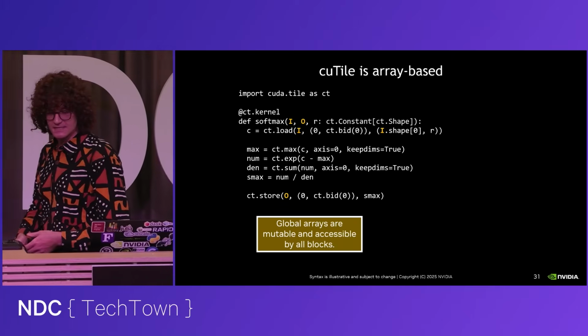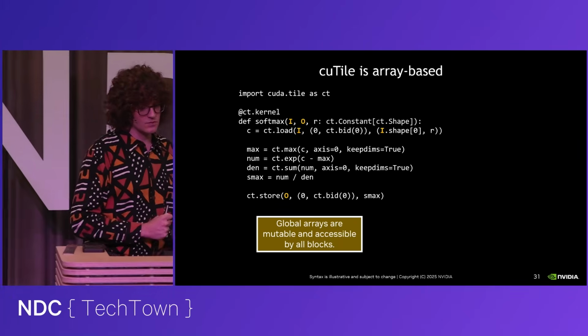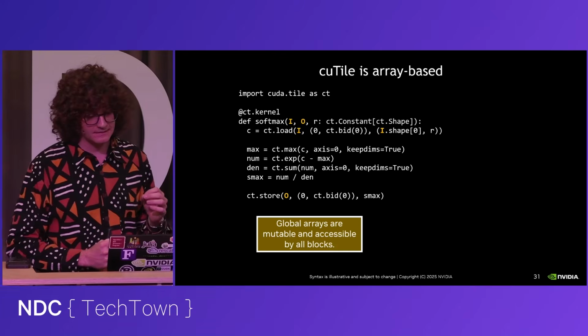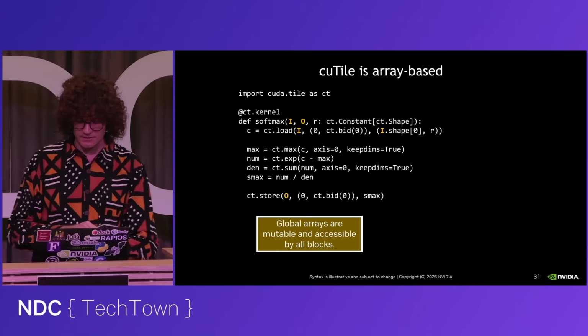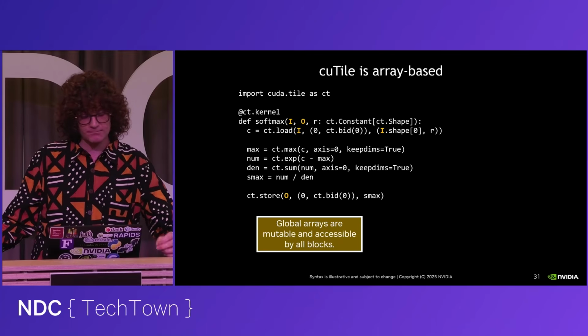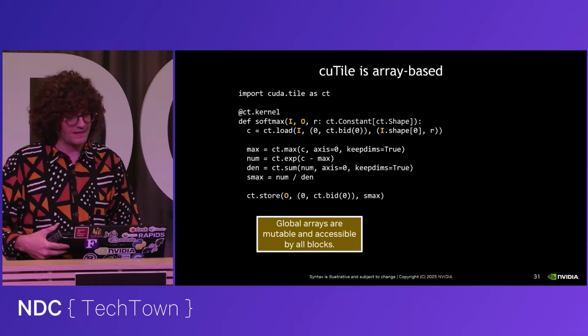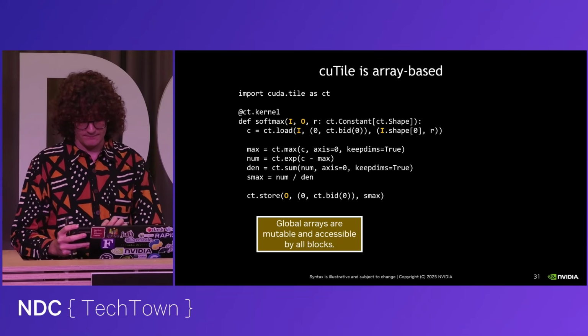And they are passed in as kernel parameters or globals. You can only perform a limited set of operations on global arrays in tile code. Most importantly, loading from them to create tile arrays or storing tile arrays to them.